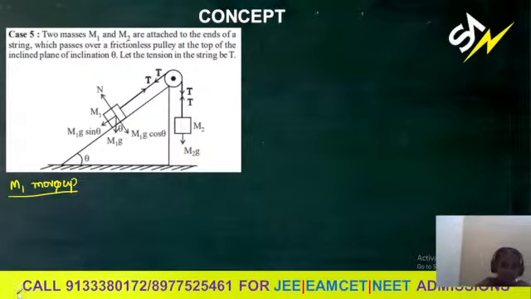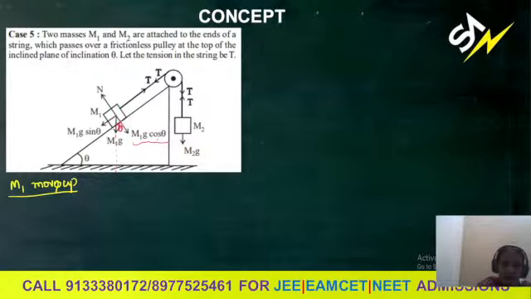You can observe in the figure, normal reaction force perpendicular to the surface of contact, weight perpendicular to the earth surface, like this, and this weight is resolved into its components. M1G, if this is theta, here the angle will be theta.